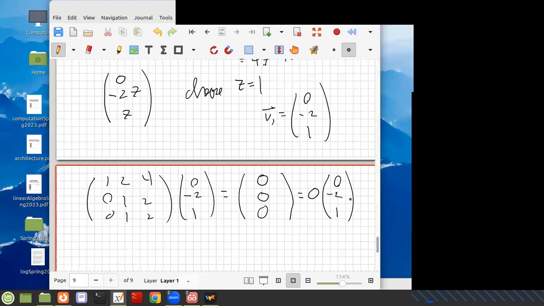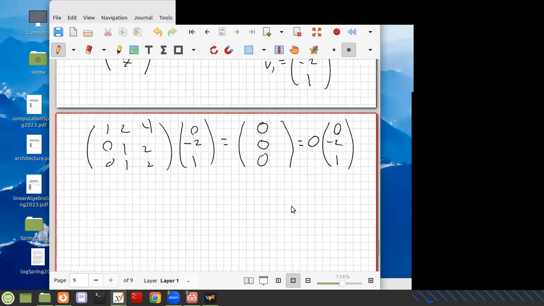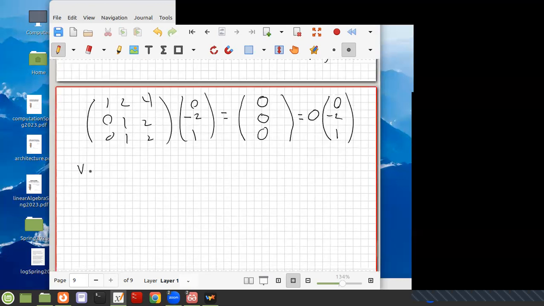Although it seems a little bit like cheating, right? But it works. Whenever you have a 0 eigenvalue, as long as this works, then it's going to be okay. Okay, well, now on to v2, right?